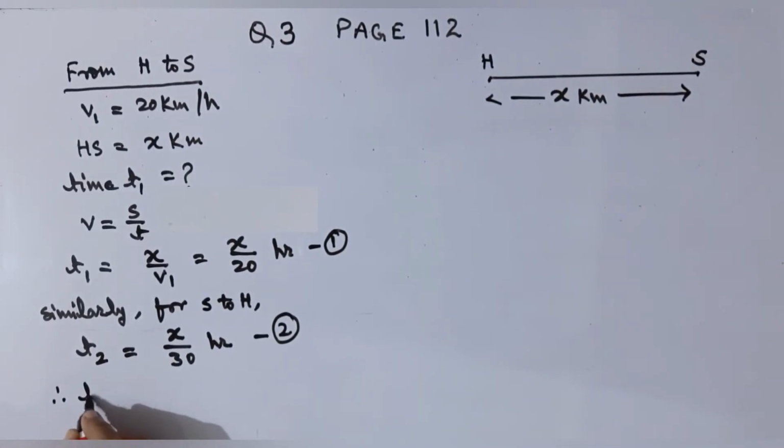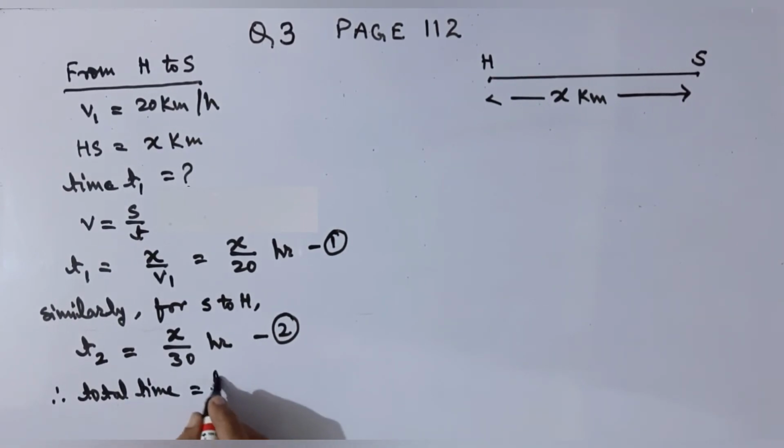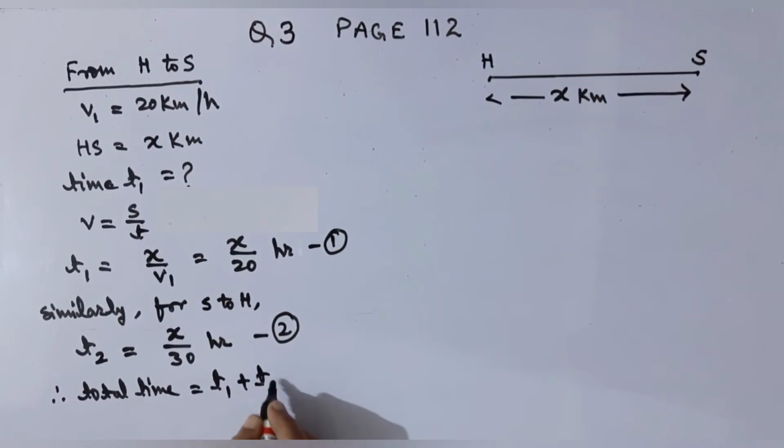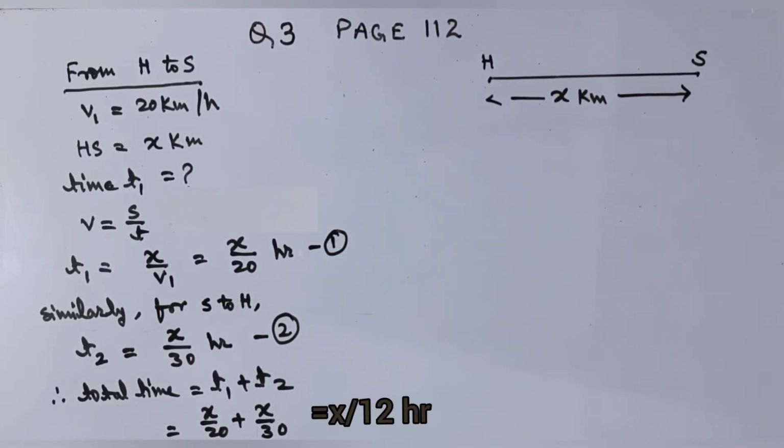Therefore, the total time is T1 plus T2, and that will be x upon 20 plus x upon 30. Since this is a very simple calculation, you can calculate it, and this will come to be x upon 12 hour.